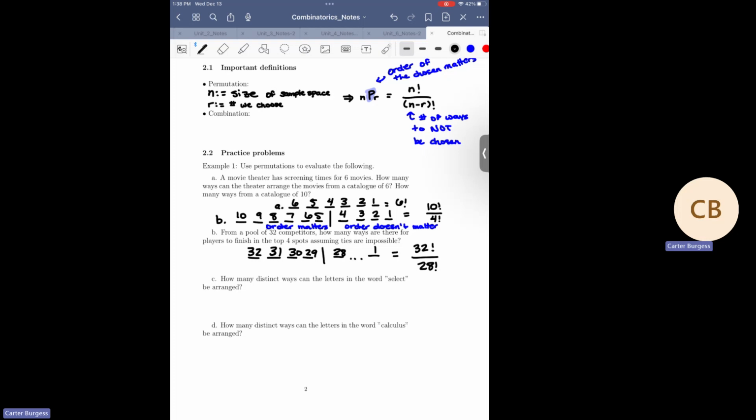That outcome doesn't change. That is what I am dividing out when I divide out the 28 factorial: the number of shufflings that I don't care about. The number of ways those last 28 slots can be arranged, and we're saying we don't really care about those.